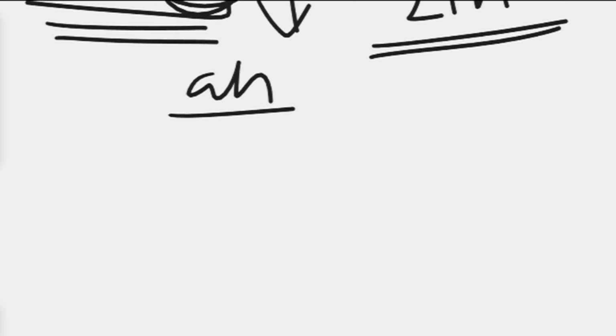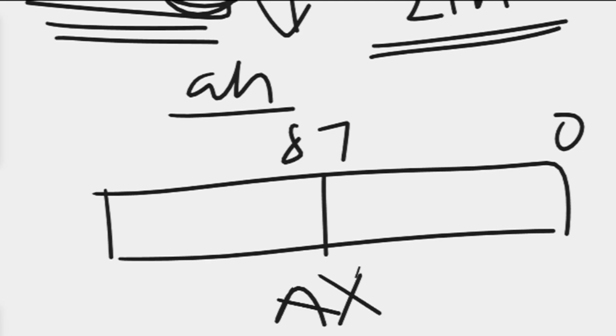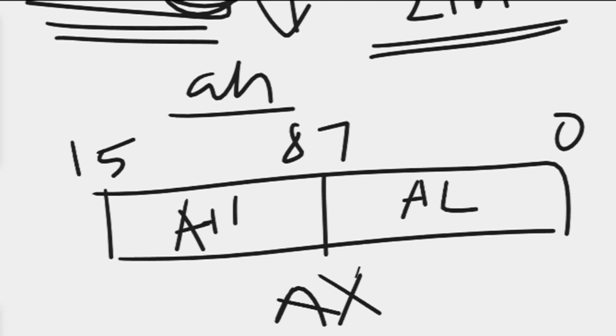As we know, we have the AX register, the accumulator register, which we can divide into two, 0 to 7, 8 to 15. This is AL, this is AH.